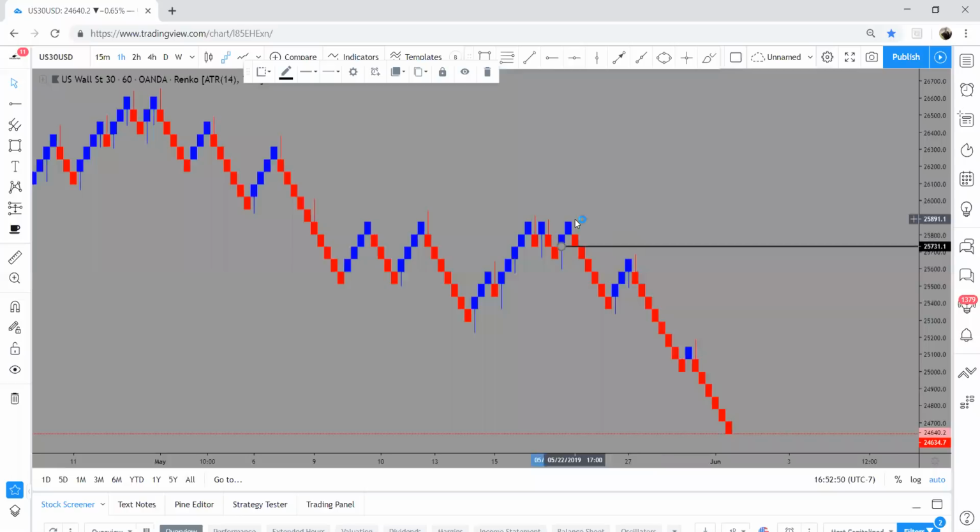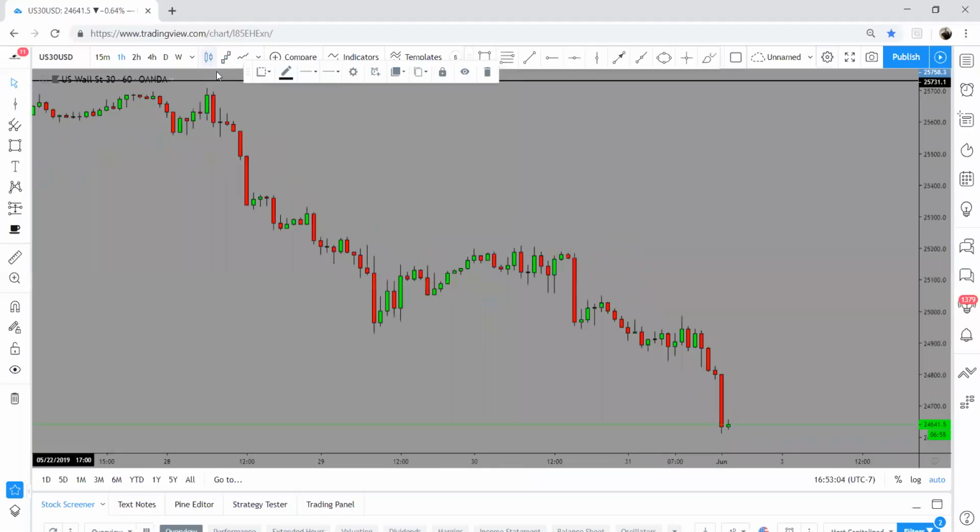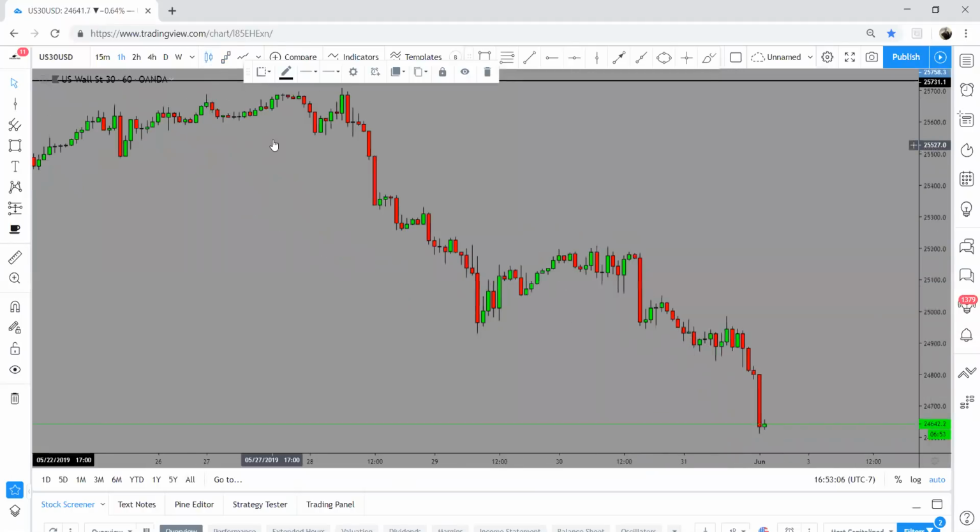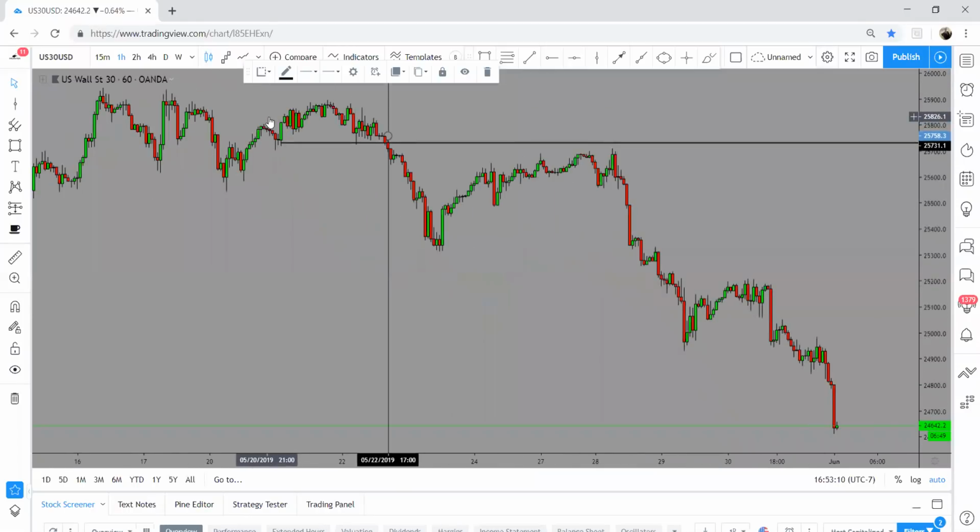So your horizontal line is going to remain in between the second and third Renko bar at all times. Then you grab your vertical line and put it right on that second Renko bar. Okay. You go back to your candles.